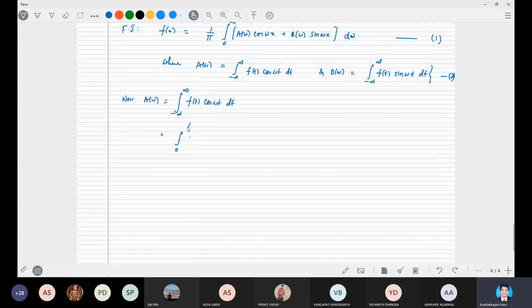f(t) cos omega t dt is equal to the integral from 0 to 1 of 1 into cos omega t dt, right? What will be the value? Sin omega by omega, right?